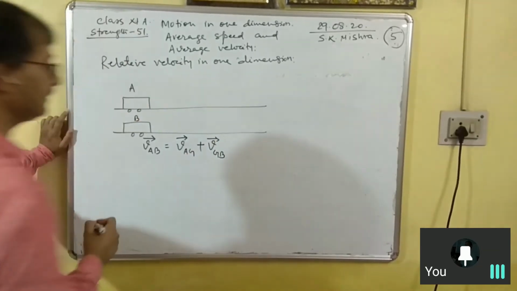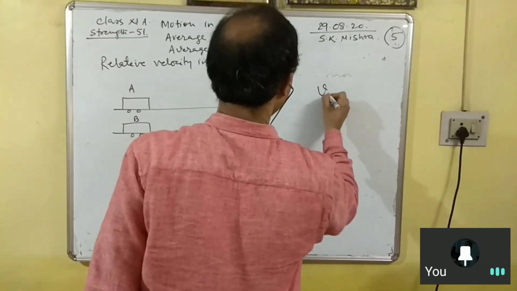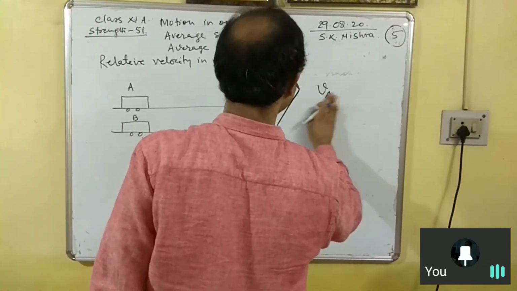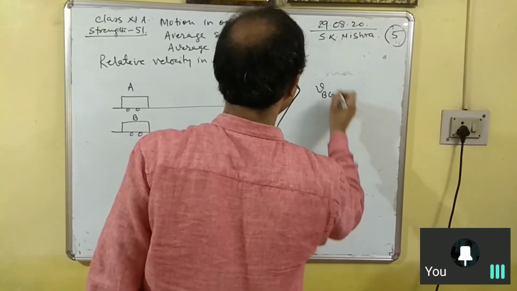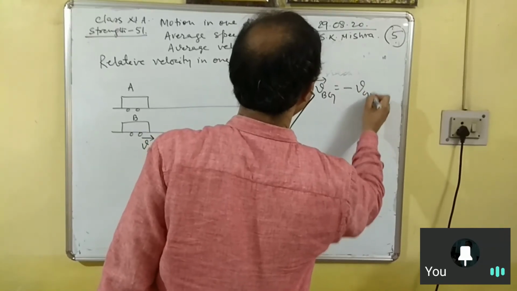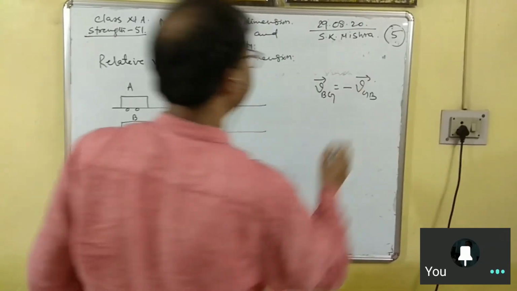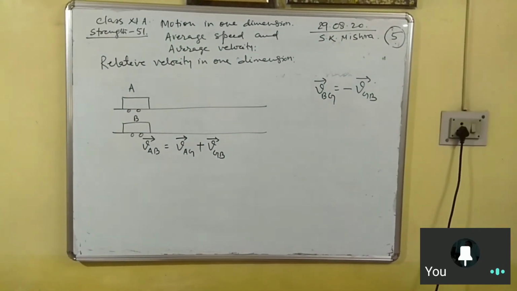At the same time, I want to tell you velocity of B with respect to ground is negative of velocity of ground with respect to B. Negative, because these two velocities are in opposite direction.